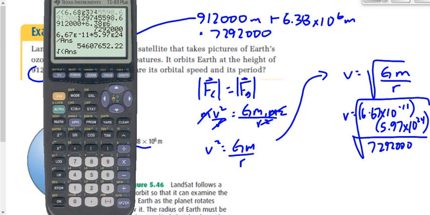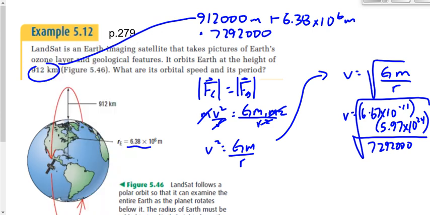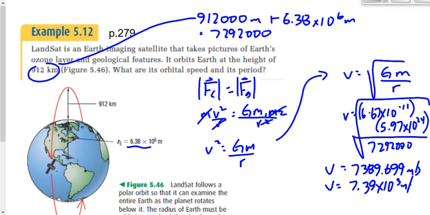We should get a speed here of 7389.699. The speed is 7389.699. We're going to round that to 3 digits, but I wanted the unrounded number in case I need it for the next part of the question. 7.39 times 10 to the 3 meters per second.